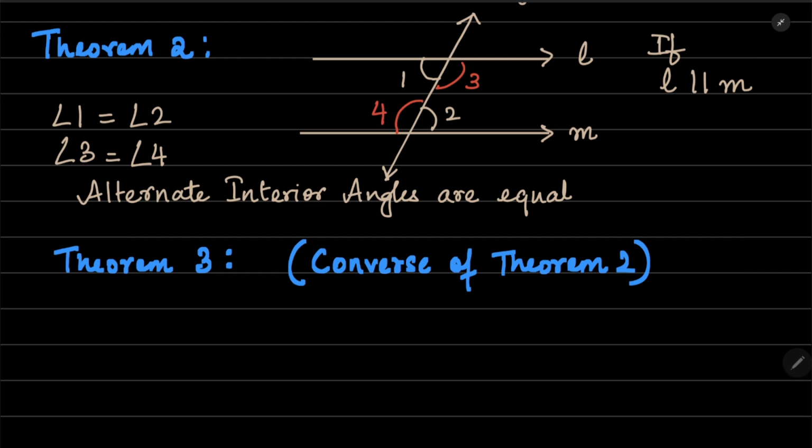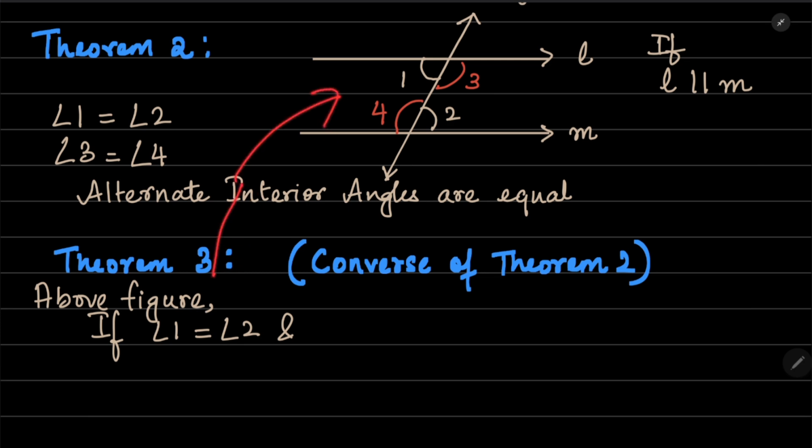That is, from the same figure, if the pair of alternate interior angles are equal, that is, if angle 1 is equal to angle 2, look at this figure, if angle 1 equals angle 2 and if angle 3 is equal to angle 4, then I can say that L is parallel to M.